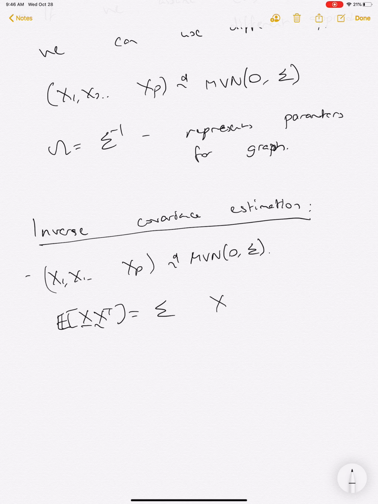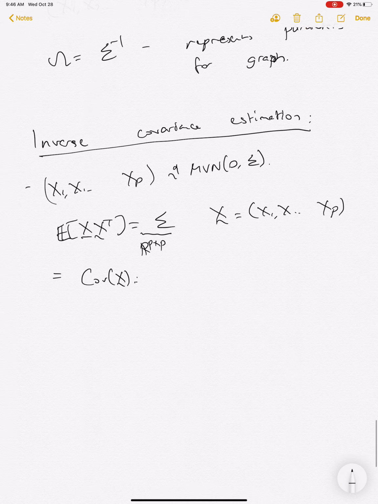So x tilde here is x1 through to xp, and this is a p by p matrix that represents the covariance between the different x's. You're just taking an outer product and then taking the expectation. That's the definition of the covariance of x tilde.